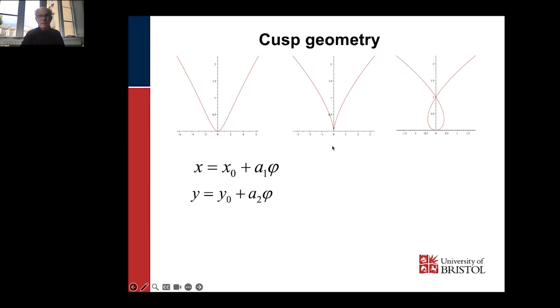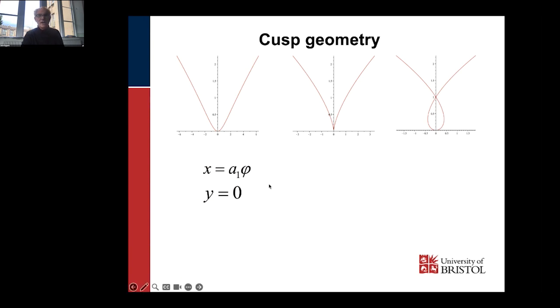And let me briefly sketch how this is just like in the case of the fold. This can be understood by a simple argument of local deformation. In general, a curve will be given like that. Locally, that's the general description of a smooth line locally near a point x0, y0.